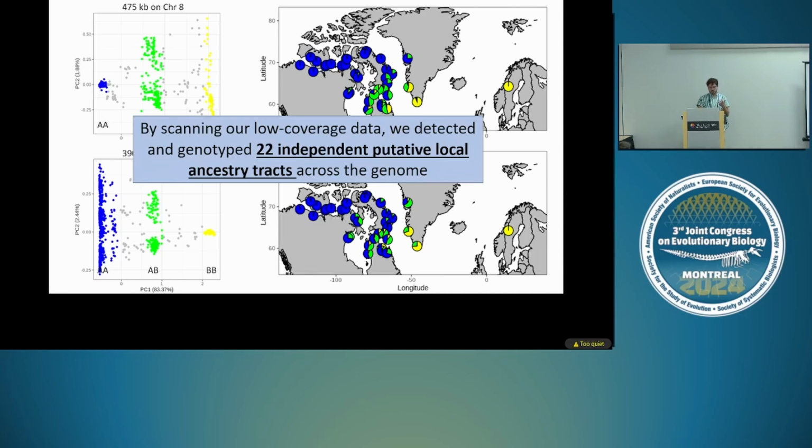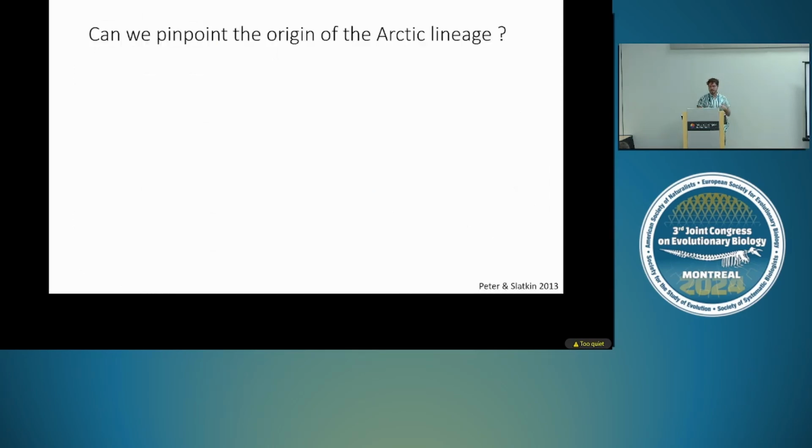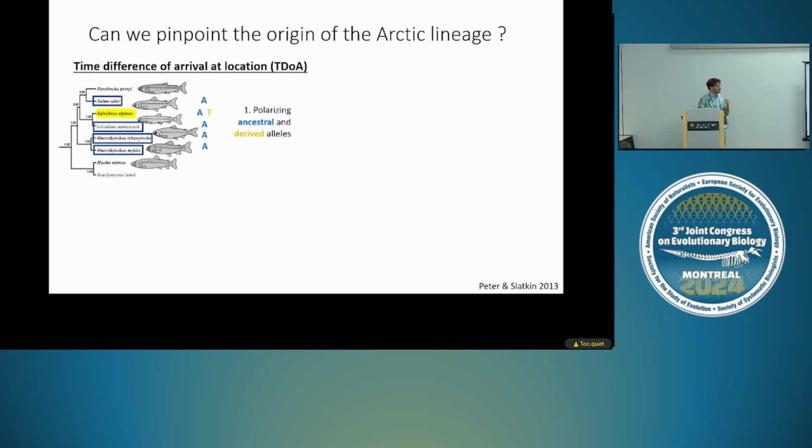And one last question that we wanted to ask is, so we've been interested a lot in this Arctic lineage that is covering the whole Canada, but can we actually pinpoint where it might be coming from? Where is the putative local refugium? So we use time difference of arrival at locations that uses ancestral and derived alleles proportion that we polarize using data from sister species to know which allele is potentially ancestral and derived.